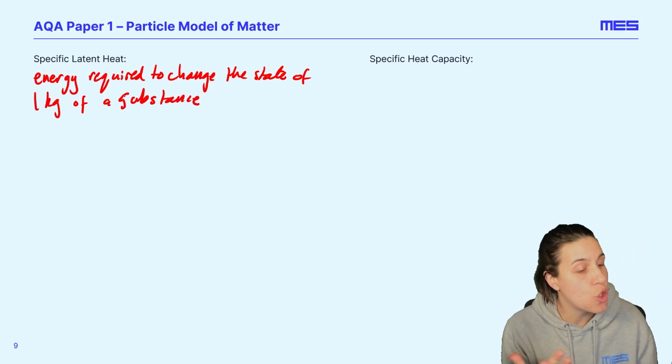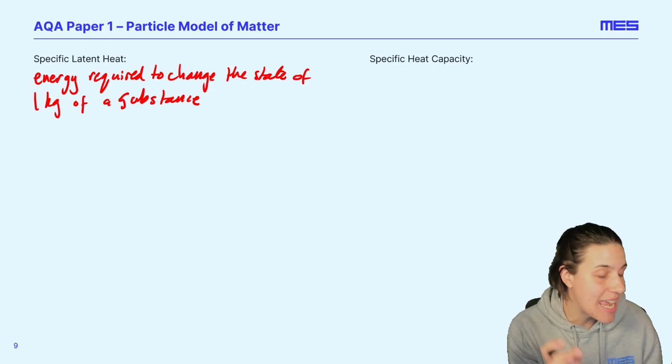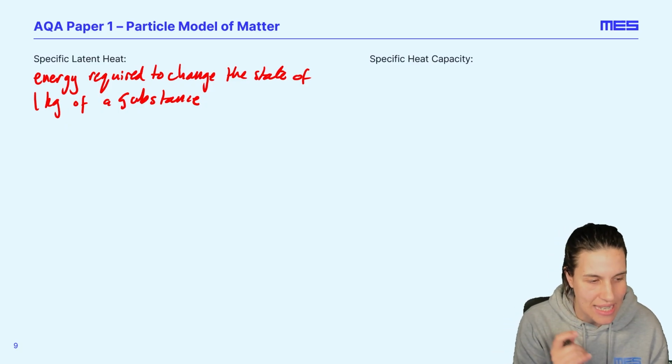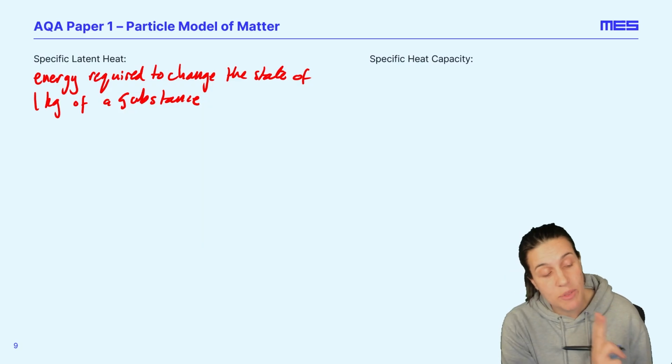Okay, so if we're ever talking about the energy that we need to change the state of something, we're talking about specific latent heat. Now, there are 2 different types of specific latent heat.